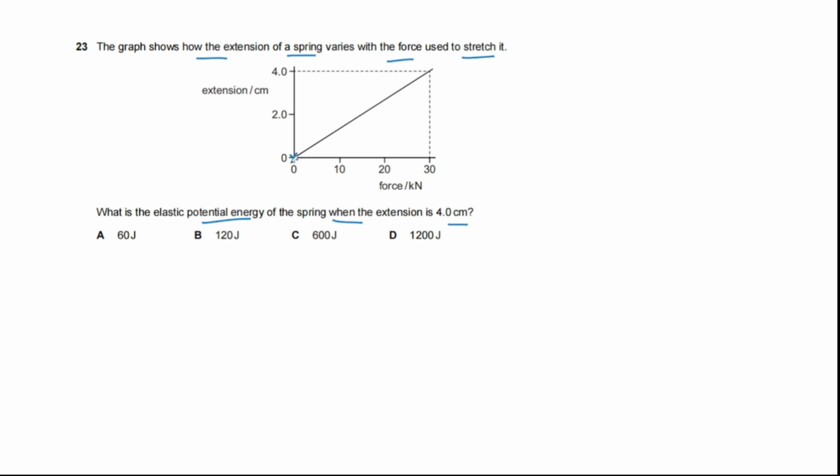So at this point, when the extension is 0, the spring is at the actual position. Then as the force is exerted, there is an extension, and here it is given up to 4 centimeters. So for that extension, the force applied is 30 kilonewton.